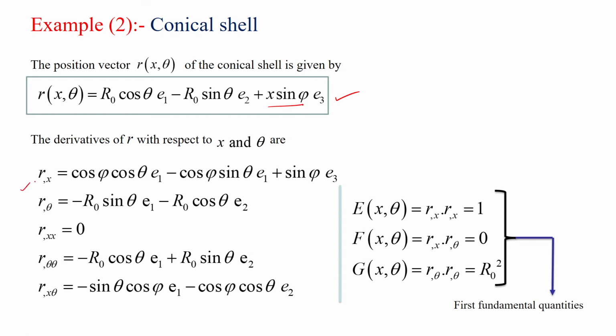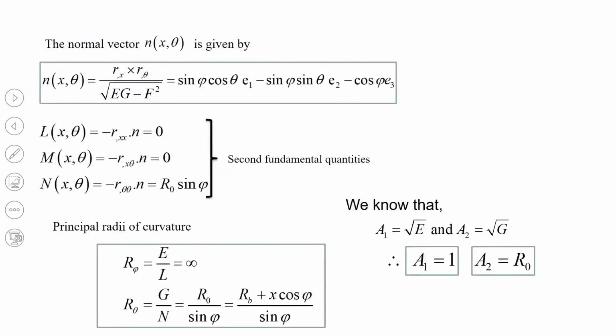So, we can find out again the derivatives, mixed derivative and double derivative, and obtain E, F and G. Then L, M, N and from there we can find out the radius of curvature. So, the Lame parameters are almost the same, but the radius of curvature is slightly different here: in the case of a circular cylinder it was just r, but now it is r b plus x cos phi by sin phi.